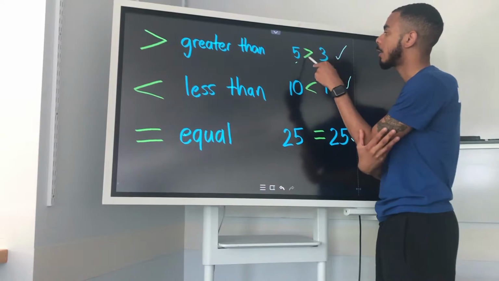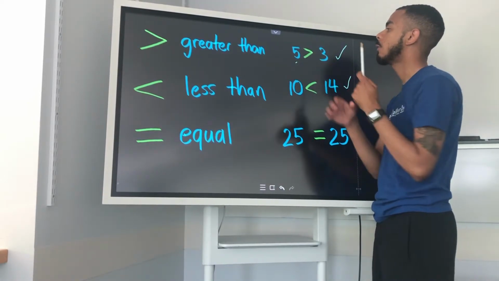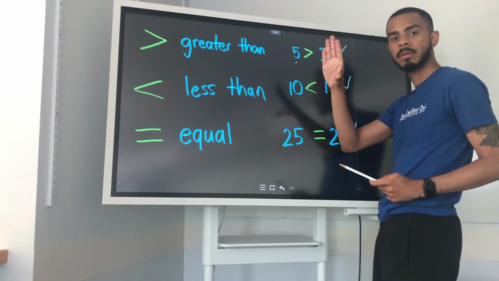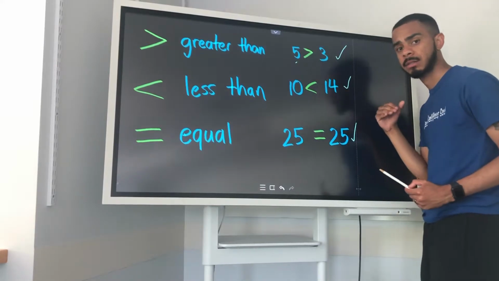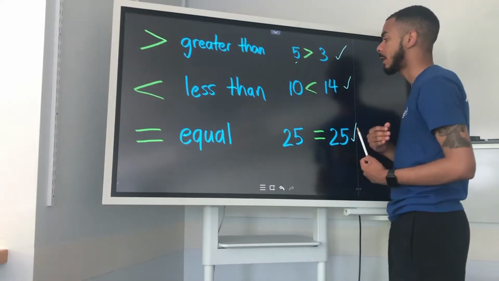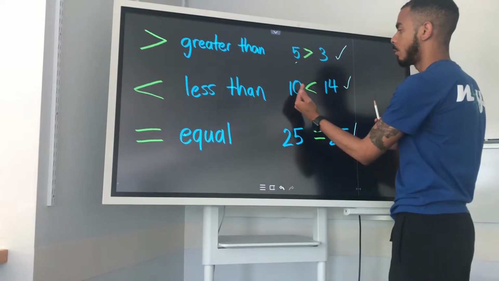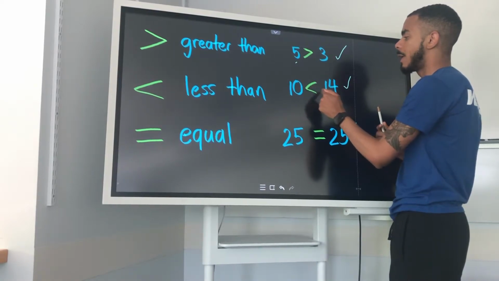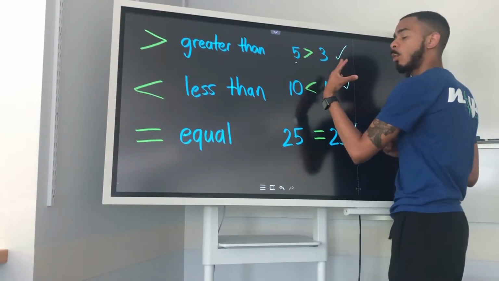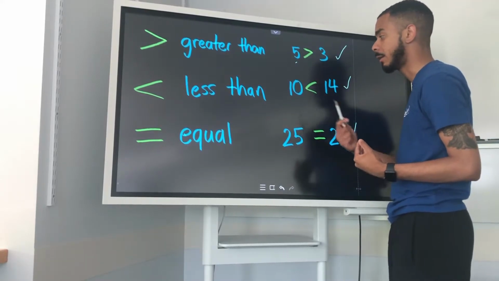So if we look here, 5 has more value than 3, so the alligator mouth is open to 5. Because it's going to eat the 5, right? It doesn't want 3, because 3 is less. Let's look at the less than. Let's look down here. You see how we flip that symbol around because now the alligator mouth wants to eat 14 because 14 is the number with more value than 10.